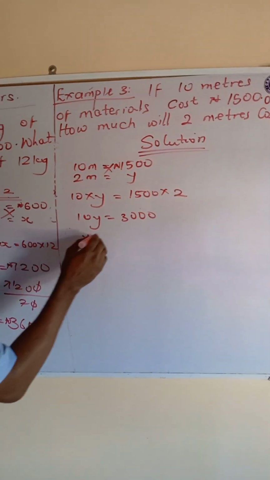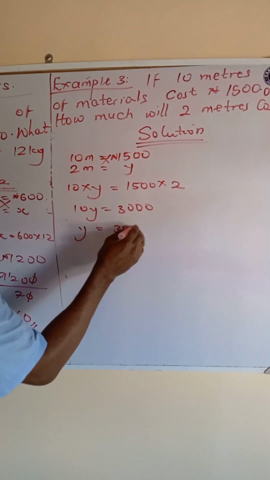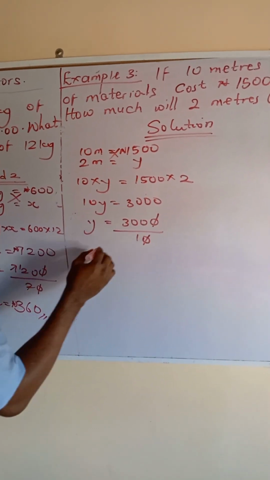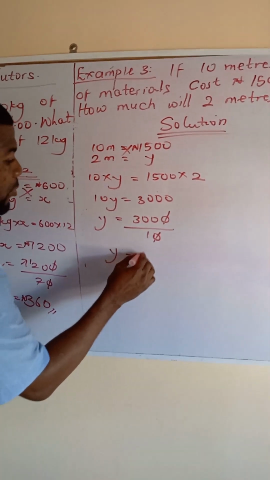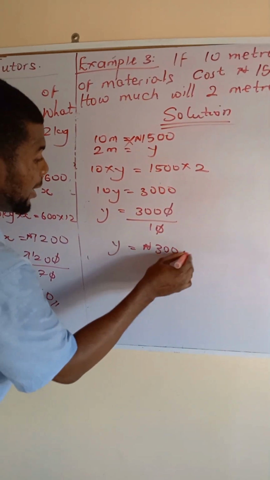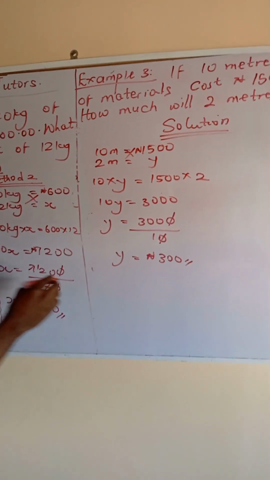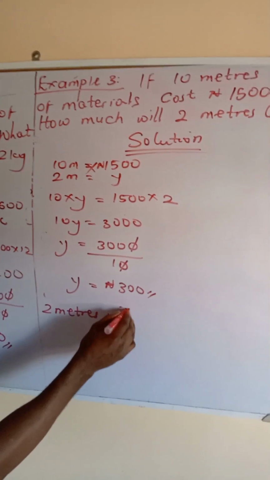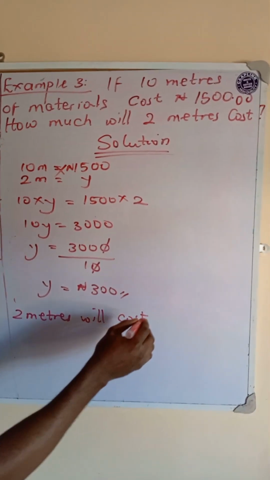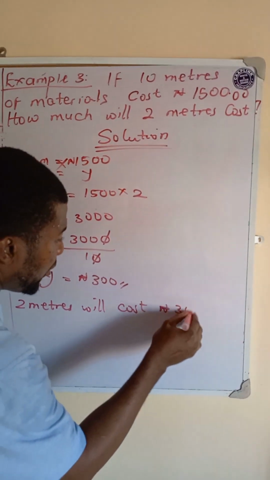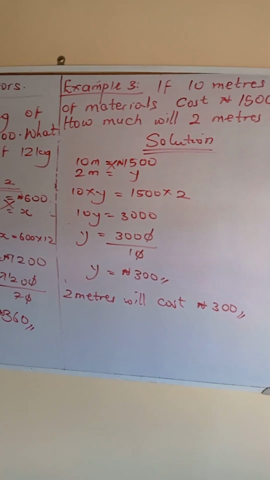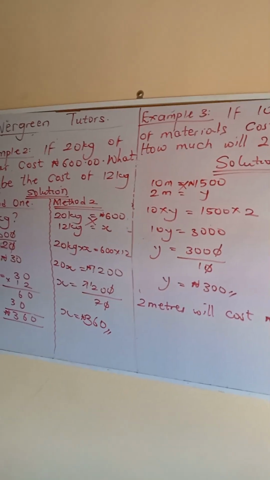Okay, y will give 3,000 divided by 10. 0 cancel 0. Then y will give 300 naira. It means that 2 meters will cost 300 naira.